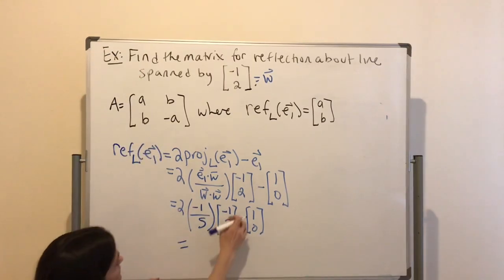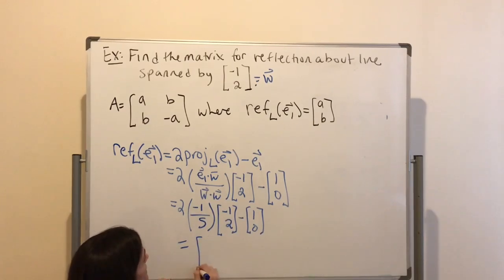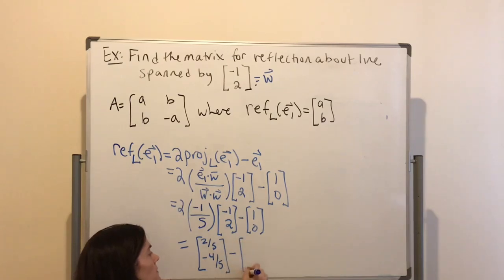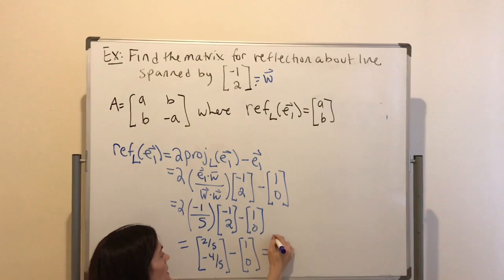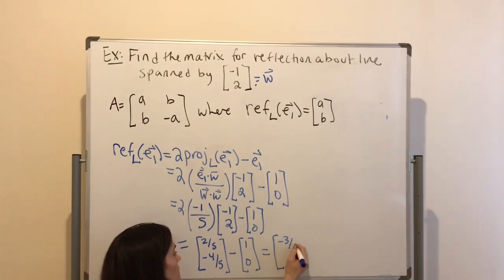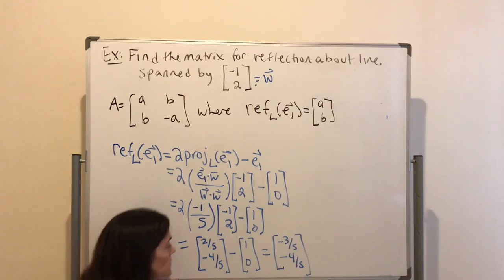This is minus 2/5 times minus 1, which gives me positive 2/5. This is minus 2/5 times 2, which gives me negative 4/5. But then I subtract E1, and I get negative 3/5, negative 4/5.